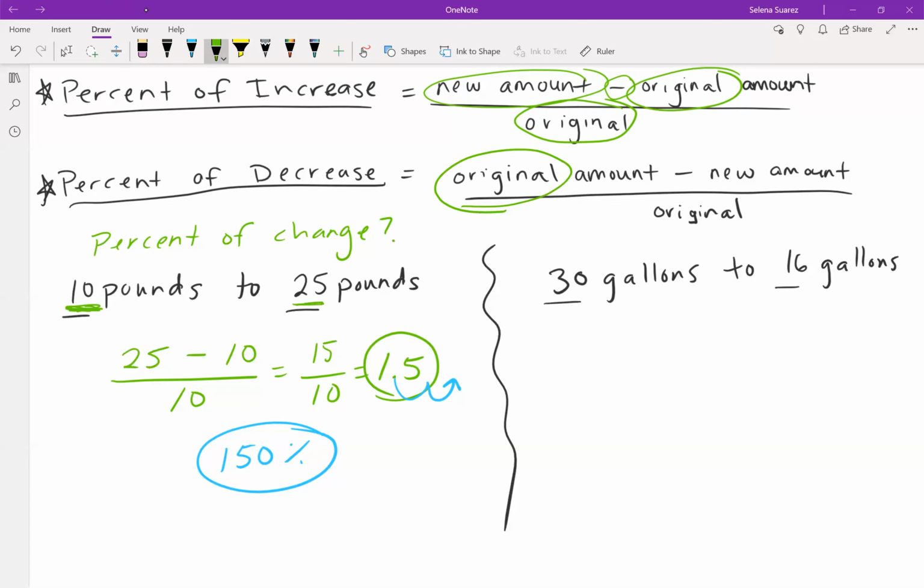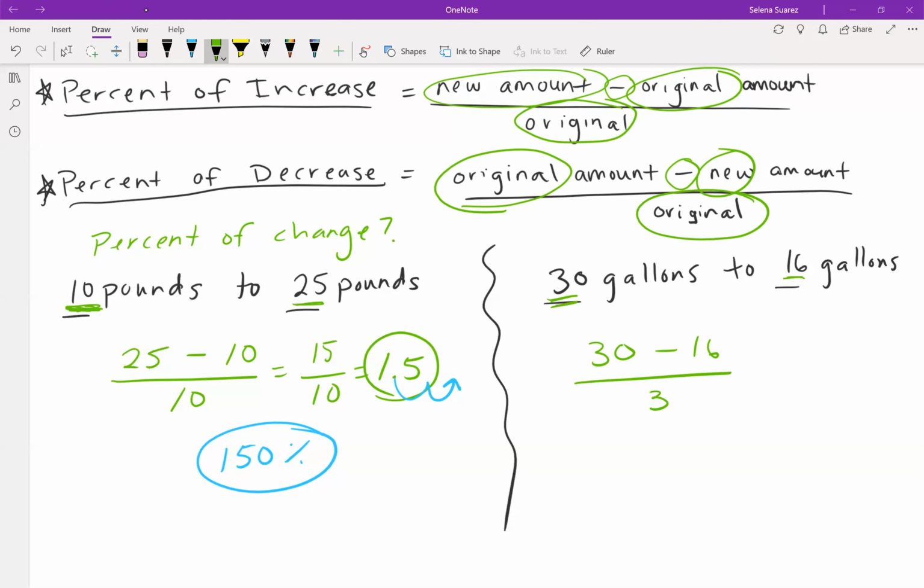So you start off with the original, which in this case is 30. That's what you started off with. So 30, we are subtracting, so minus the new amount. So the new amount is what you're left with over here, so 16. And it's going to be over the original. So the original, again, what you started with.